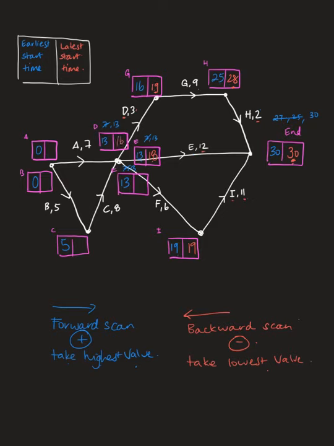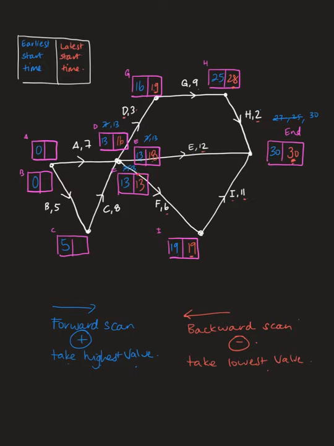And then I need to come back around this way. So 19 minus 6 for box F is 13. Now here's what I was talking about with when you've got the option for your backward scan, take the lowest value. So because I've got three values coming in, I'm going to take the lowest value going in.